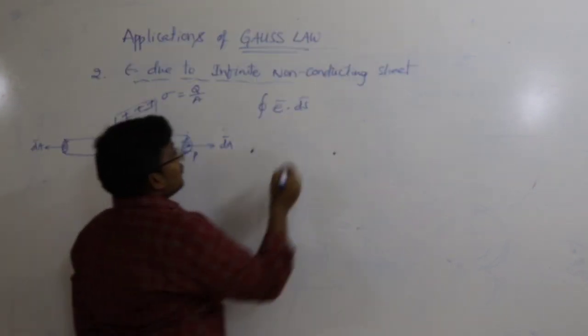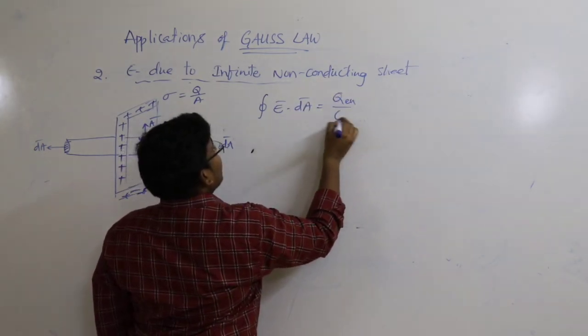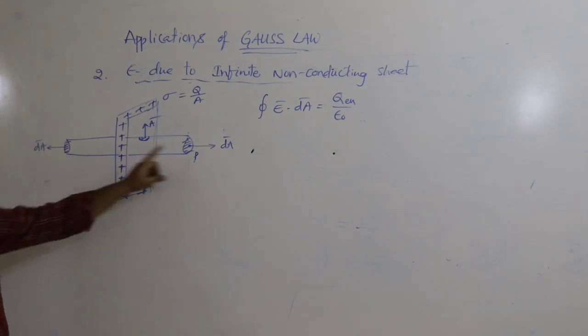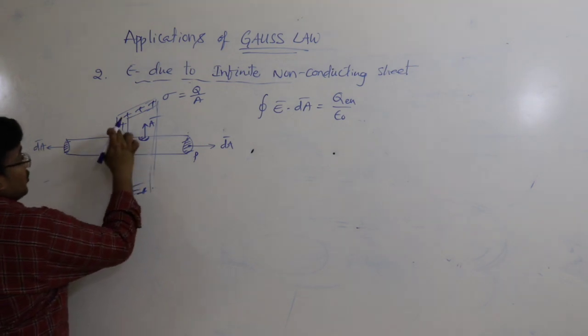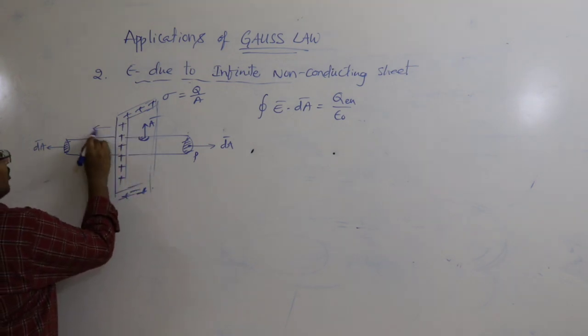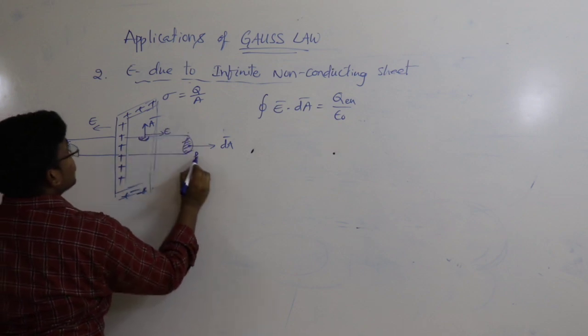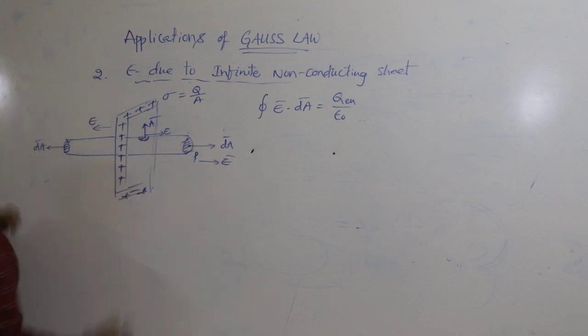So the closed integral of E bar dot dA bar is equal to the net charge enclosed by epsilon naught. Here how many surfaces do we have? Three: 1, 2, and the curved surface. You know that due to this charge, the field is always horizontal, because field lines will come like this.